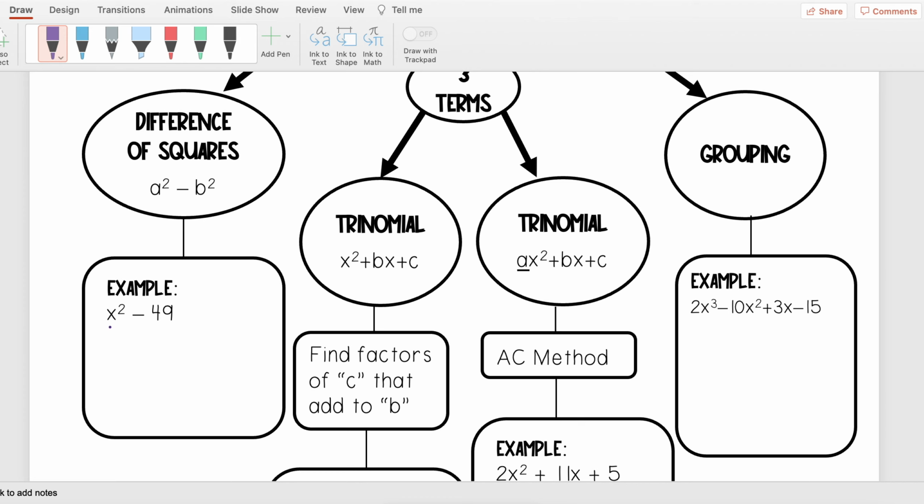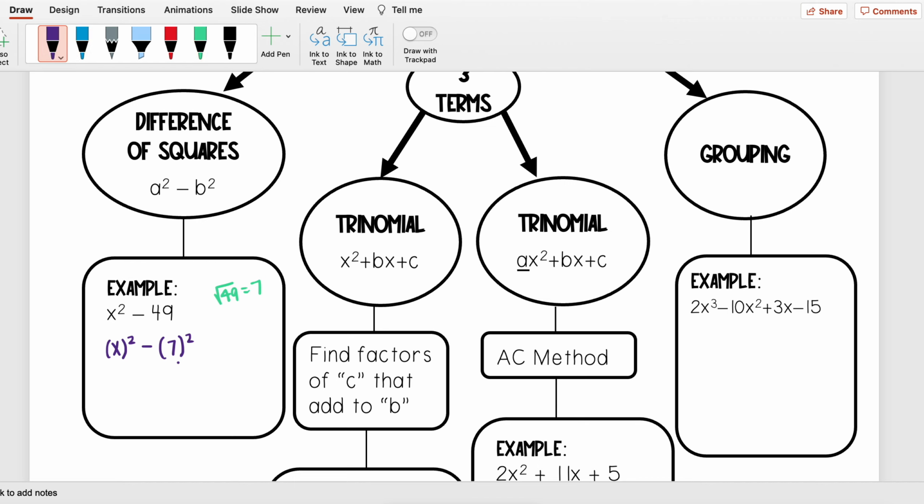And so I can see x squared, that's the same thing as x, put parentheses around that, squared. And then 49 is the same thing as 7 squared. And again, you can always check that by just doing the square root of 49. If you put that in your calculator, you should get 7.